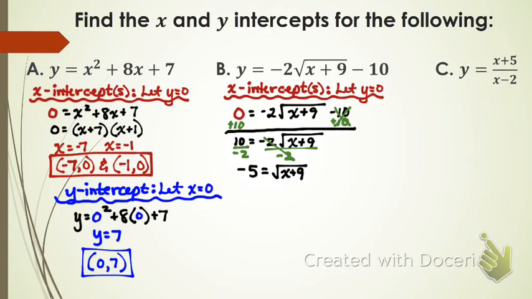That's not possible. It is not possible for a square root to equal a negative number.